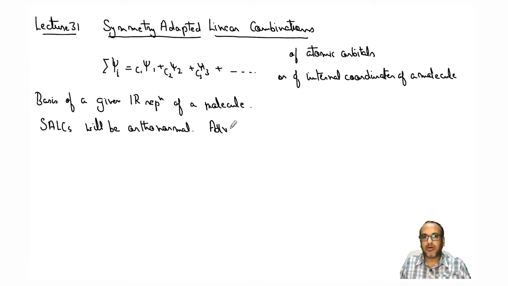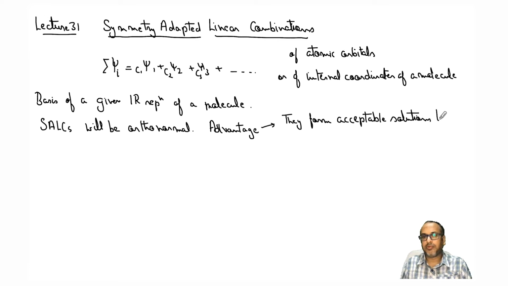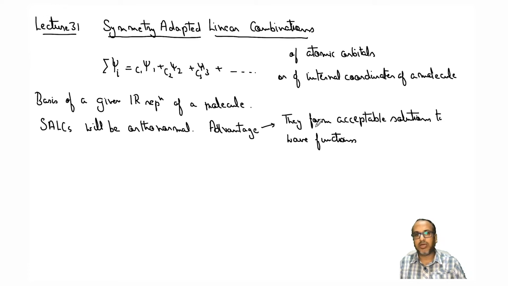The advantage of choosing orthonormal sets is that they form acceptable solutions to wave functions. We will not see this in this course, but it is generally accepted that if the linear combinations are orthonormal, they will form acceptable solutions to wave functions.